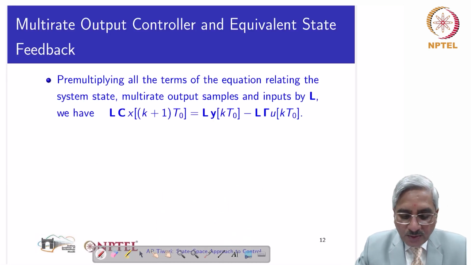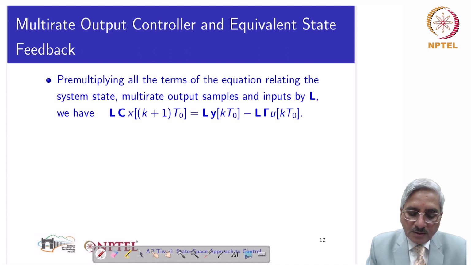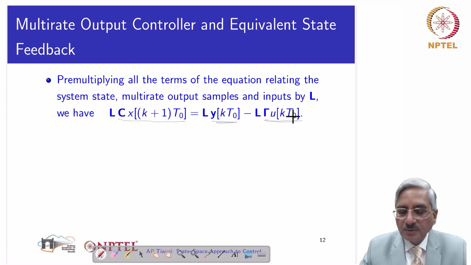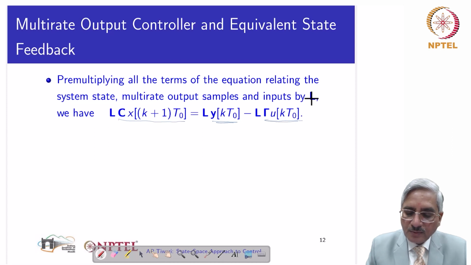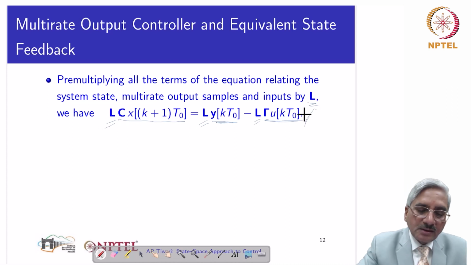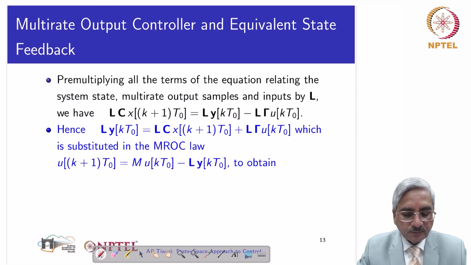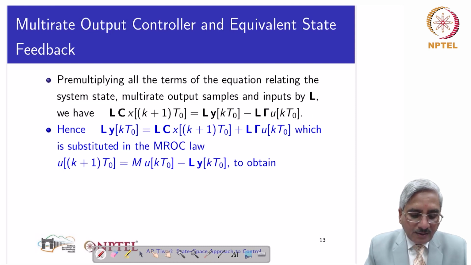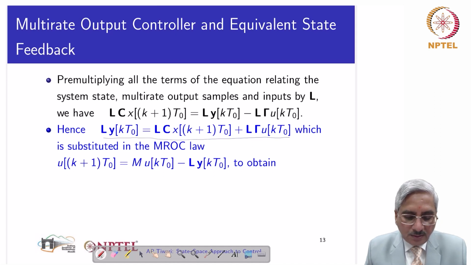So what we are going to do is, we had that C x(k+1) T0 equals y(k) T0 minus Γ u(k) T0, and to that we are pre-multiplying all terms by L. So we have this relationship by that pre-multiplication by L, and this one we substitute in the multirate output control law.